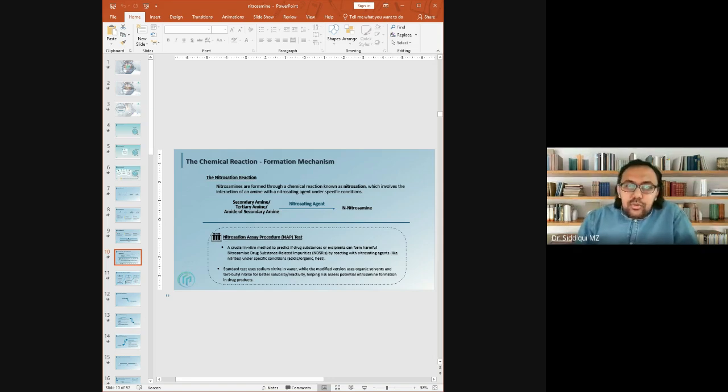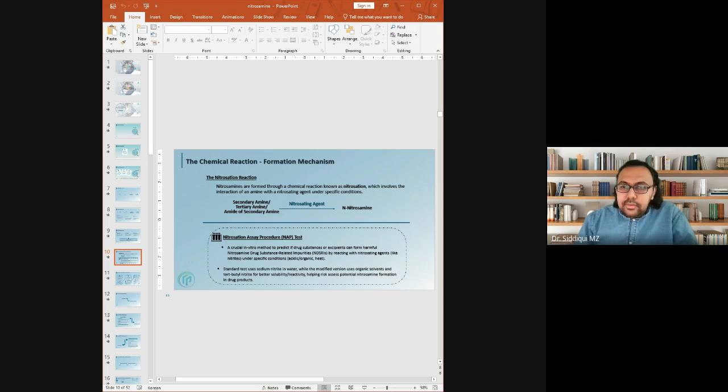The test which is used to assess which kind of compounds can make nitrosamines is called the NAP test, which is the nitrosation assay procedure. It's an in vitro method to predict if a drug substance or excipient can produce the harmful NDSRIs by reacting with nitrosating agents like nitrites under specific conditions, especially acidic conditions.